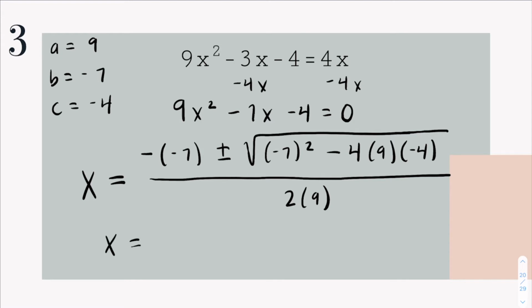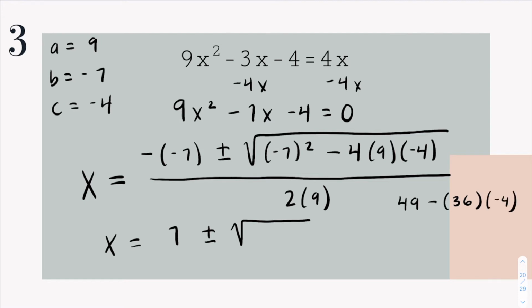So now we're going to simplify in pieces. We're first going to do negative negative 7, so it gives us a positive 7. And then now we're going to simplify our discriminant. So negative 7 squared gives us a positive 49. And then 4 times 9 gives us 36.